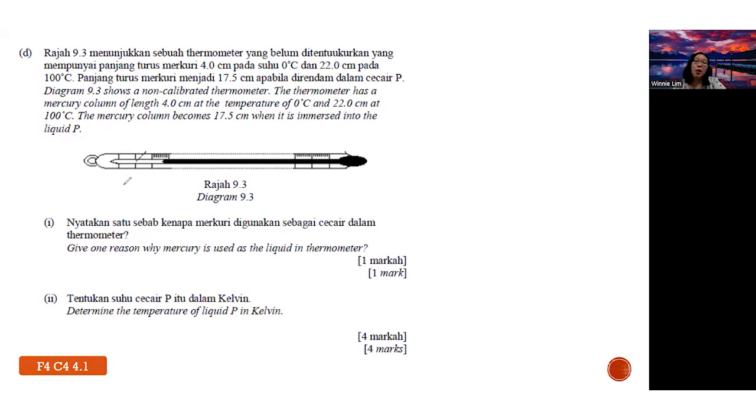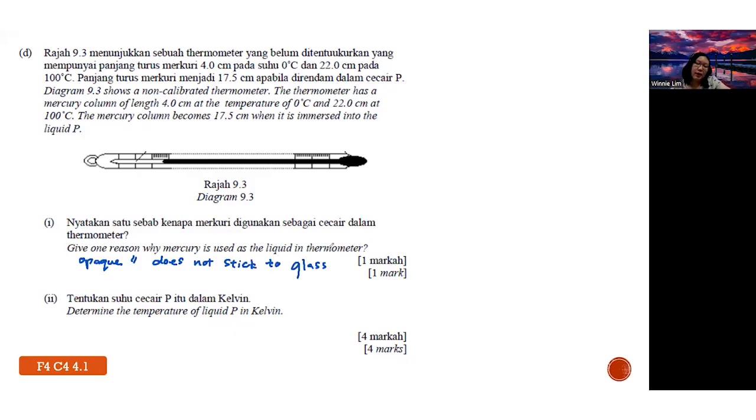So for thermometer wise, first, mercury is opaque one, right? You cannot see through one. So you can give this idea. Or it does not stick to the glass.